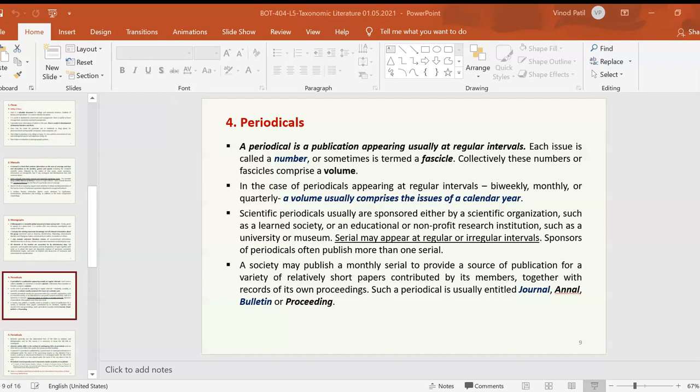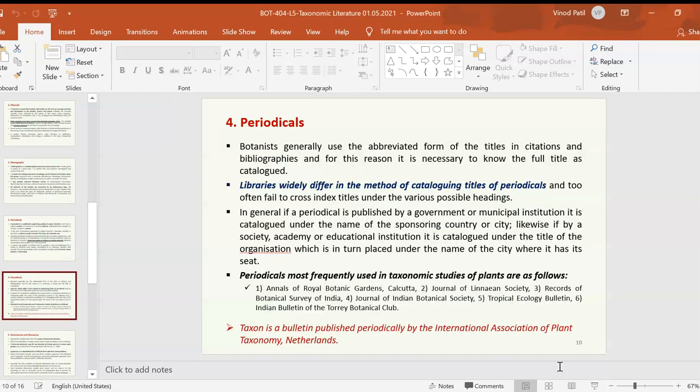So this may be published by the societies or certain learned societies or the educational institutions, together with the records of its own proceedings. And such a periodical is usually entitled Journal, Annal, Bulletin, or Proceedings of a Conference or a Seminar or something else. So here is a book or a publication in the form of periodicals.